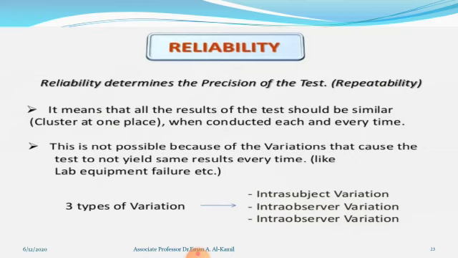And this variation may result from intra-subject variation, in the subject himself, the patient himself, variation in the individual himself. For example, when we measure the blood pressure in the morning, the afternoon and the evening, there will be variation, as certain factors affect the value of blood pressure or blood sugar, for example.